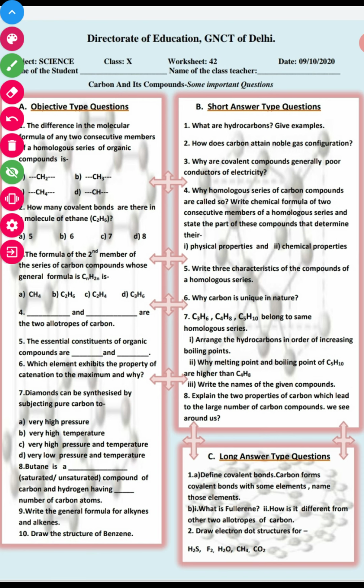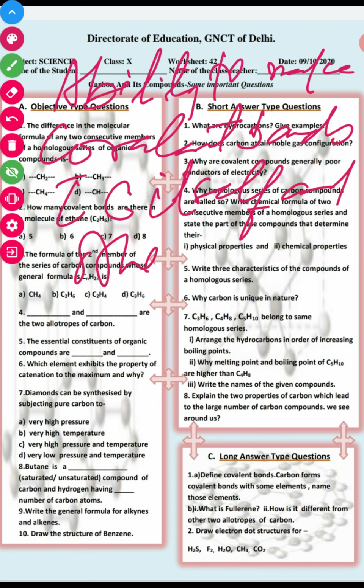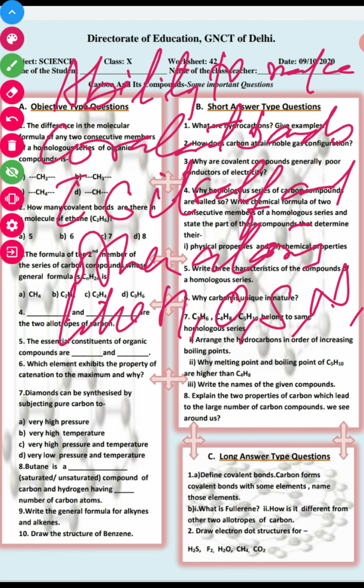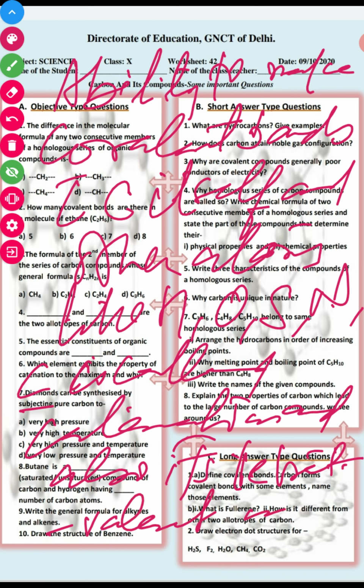Okay, so next question we have. You can write it this way: ability to make covalent bonds with carbon itself and other atoms like hydrogen, oxygen, sulfur, nitrogen, which is called catenation, and also it is tetravalent in nature.